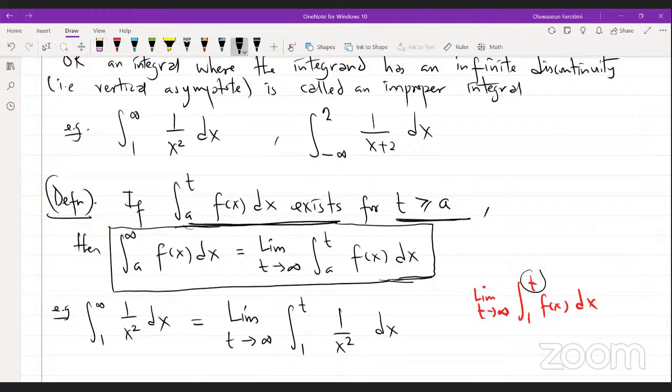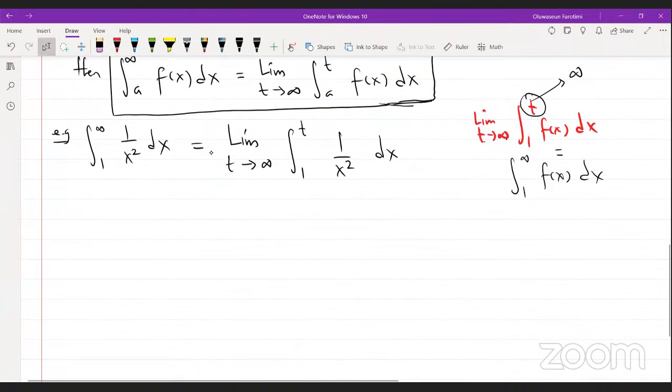That means t is going to infinity. Suppose you let it go to infinity, it means you have the integral from 1 to infinity of f of x dx. So you see, guys, it's just a way to write an improper integral in terms of the limit notion.